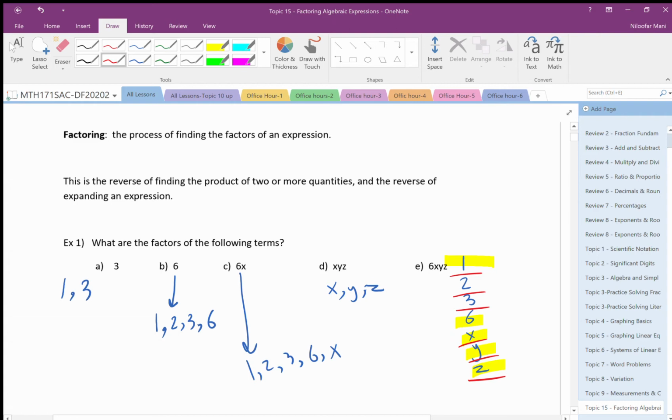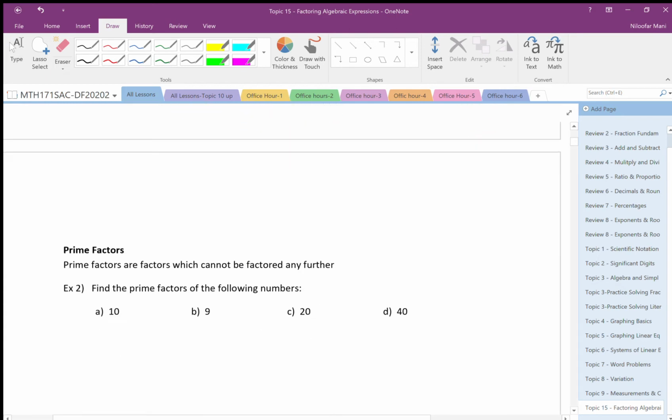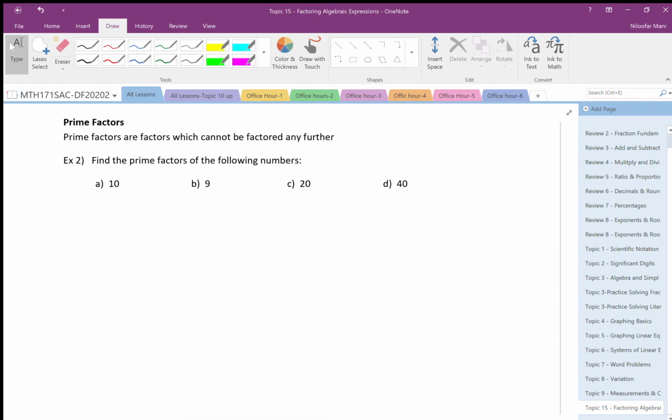Okay, so when you break the number or expression so that you cannot break it more, we call that factoring. Factoring can be any factor. So if I say 40, for example, I say 4 times 10, that's a factor. But I don't accept it because I want to see prime factoring, meaning you cannot continue to factor.